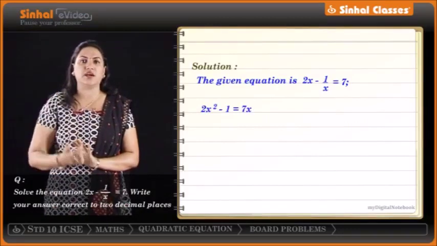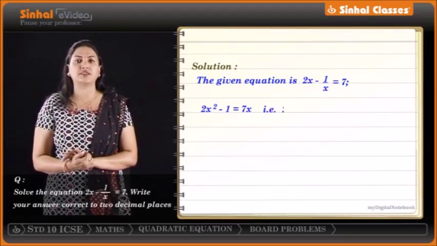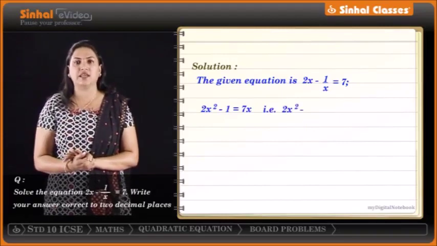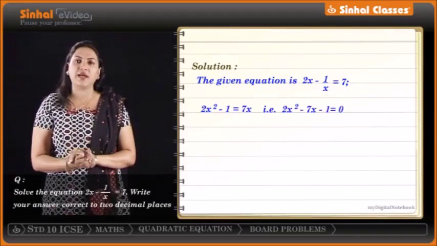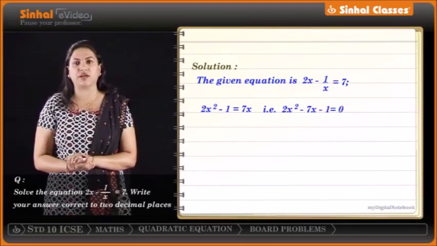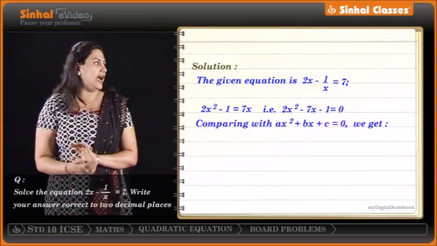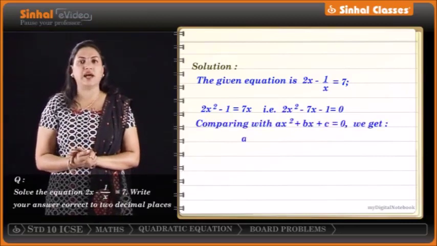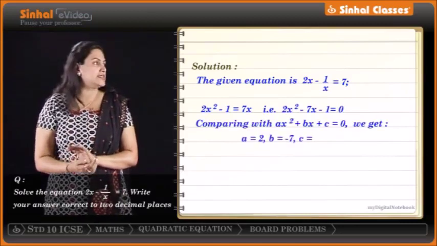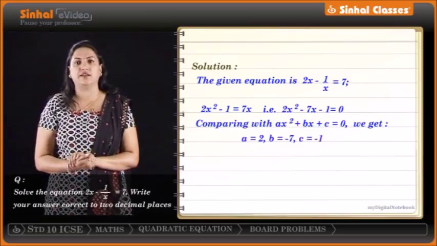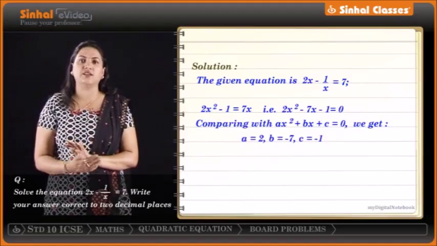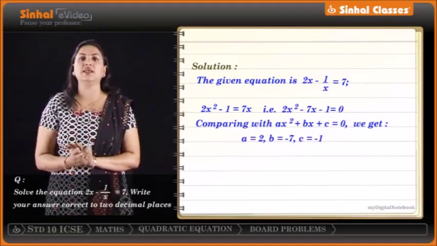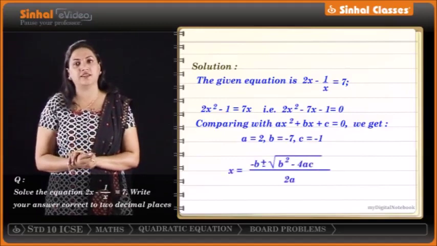Take 7x to the other side. We have 2x square minus 7x minus 1 is equal to 0. Now we compare this with the standard quadratic equation to get a as 2, b as minus 7 and c as minus 1. Now we substitute these values of a, b and c in the formula to find the roots.